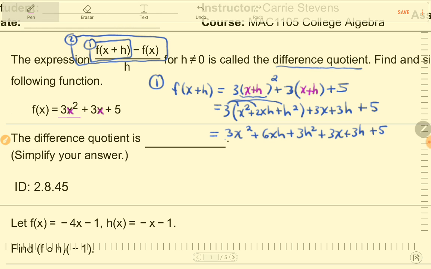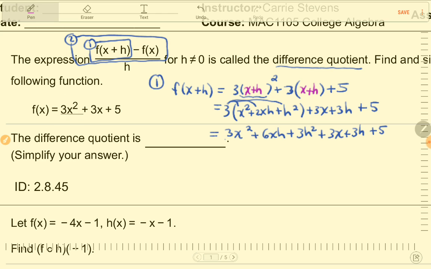I'm going to have to change the sign of every term of my original function because I'm subtracting f of x. So if you can just picture doing minus this whole quantity, then that negative would be distributed like multiplication of a -1.